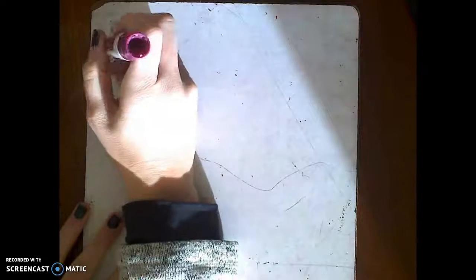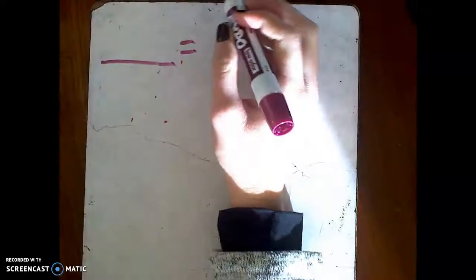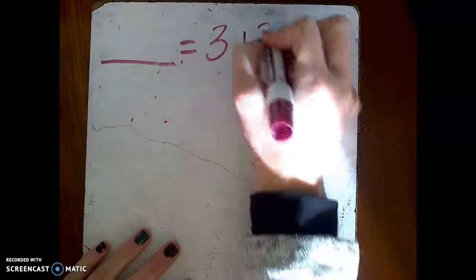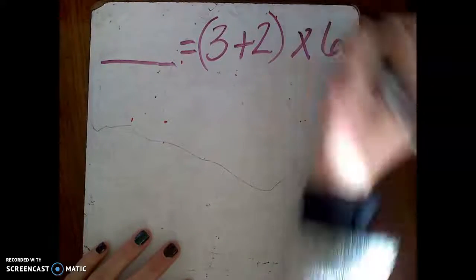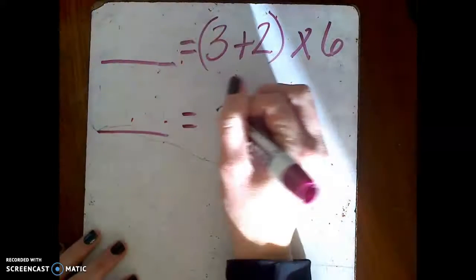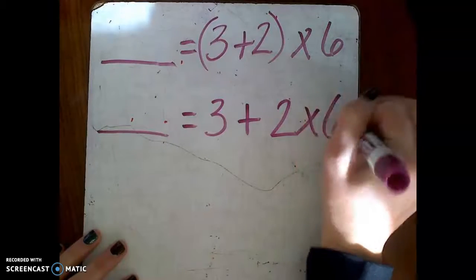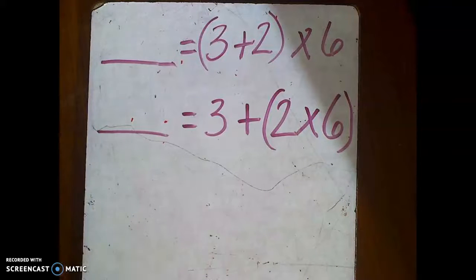E and F. I have a blank line equals 3 plus 2 with parentheses around them times 6. And then I have another one, the blank line equals 3 plus 2 times 6 with my parentheses around the 2 times 6. Now I am going to solve for both.